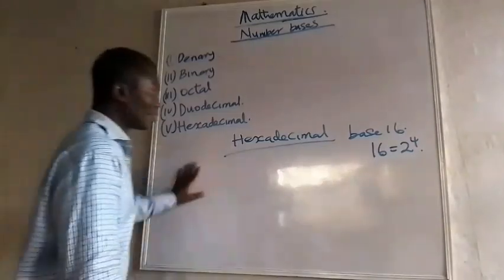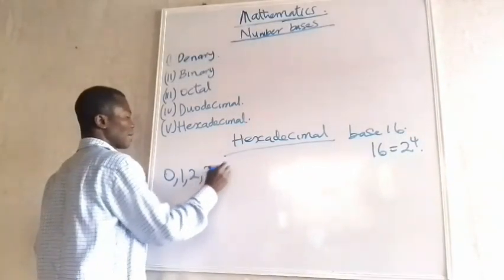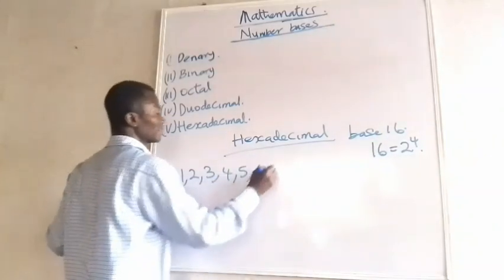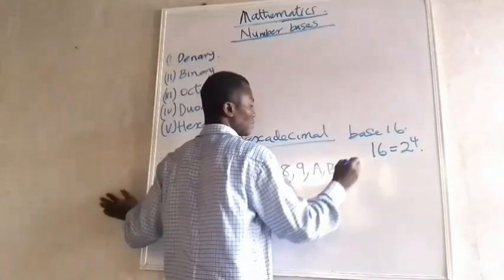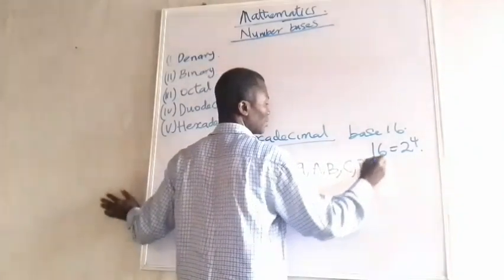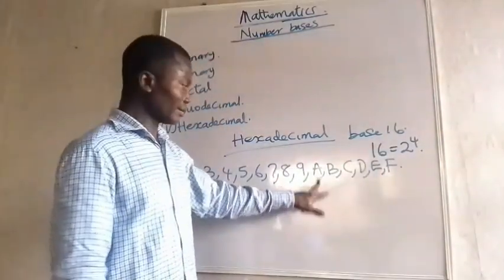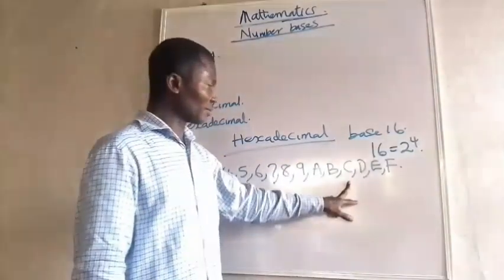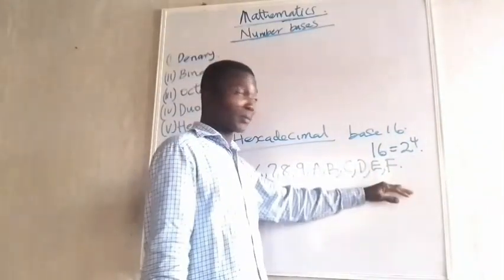The digits you can find under hexadecimal are 0, 1, 2, 3, 4, 5, 6, 7, 8, 9, A, B, C, D, E, F. So here, A is 10, B is 11, C is 12, D is 13, E is 14, F is 15. So you can see how it is being represented.